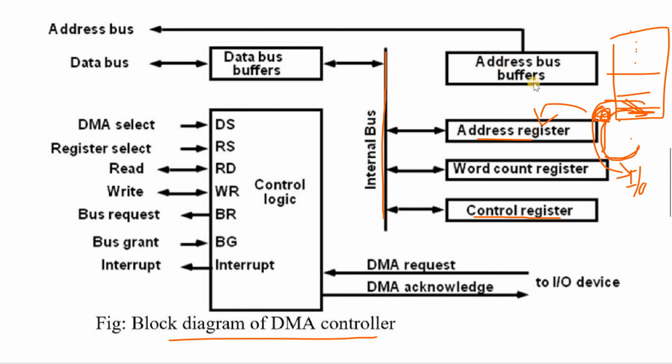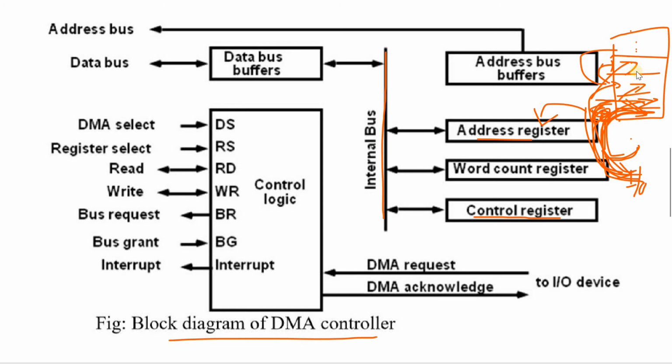Coming to another point, the address bus buffer. For every byte or word of transfer from IO devices to memory, the address is automatically incremented by 1. Again, one more word is transferred into the memory location. When a transfer is completed, the address is incremented by 1, and that one byte of transfer goes into the memory location and is stored. After completion of the word transfer, the address is again incremented by 1, and one more word is transferred to the memory location.